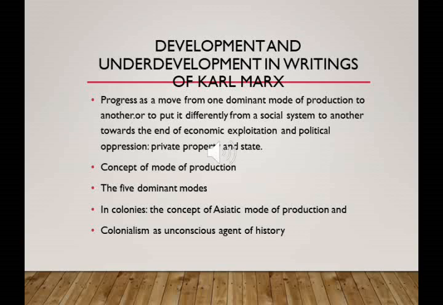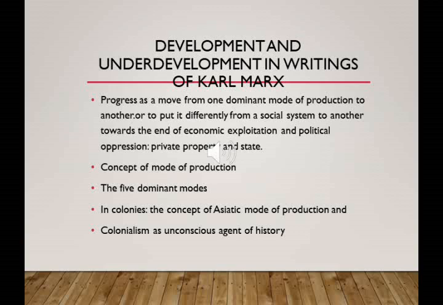The primitive communist mode, where everything was owned by the community. In fact, there was no property per se, because things were accessible to everybody, not owned. So there was no need for anyone to own anything.